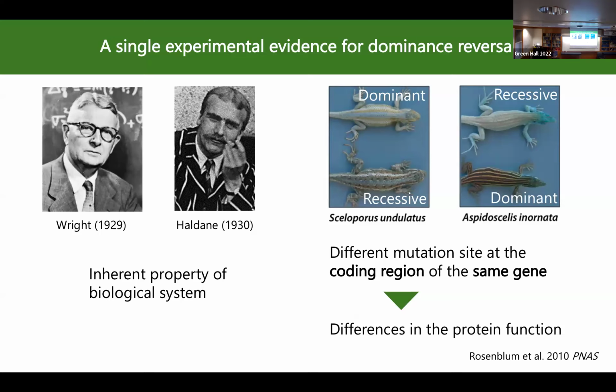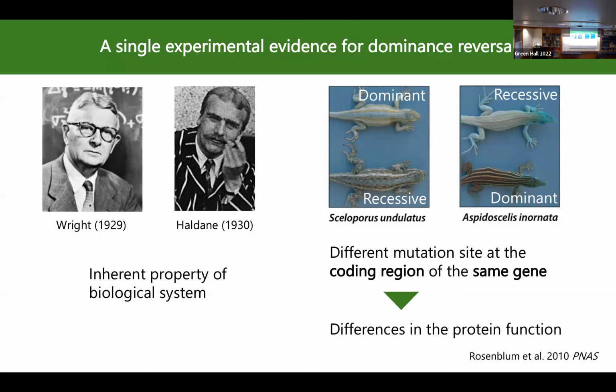As for dominance reversal between species, there's a single experimental evidence. It's about the color dimorphism in lizards, white color and dark color. In one species, the white color is dominant, and in another species, white color is recessive. A gene responsible for the dimorphism was examined, and it turned out that a different mutation site in the coding region of the same gene was responsible.